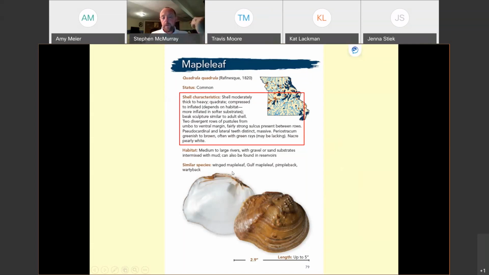So you can flip through and say, well, maybe it's a Winged Mapleleaf. And this really is like picture pages more so than anything else. Most of us that work with mussels have about 10 to 15 to 20 different field guides or mussel books on hand, and we flip through all the pictures of them and we make a good guess most of the time.